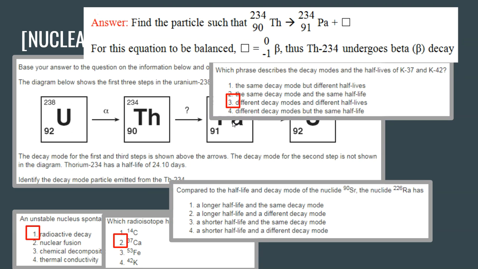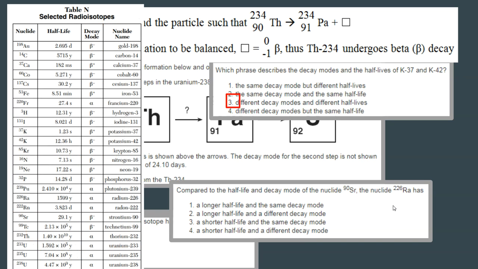Compared to the half-life and decay mode of the nuclide Sr-90, what does the nuclide Ra-226 have? Once again we have to use Table N to compare the nuclides Sr-90 and Ra-226.